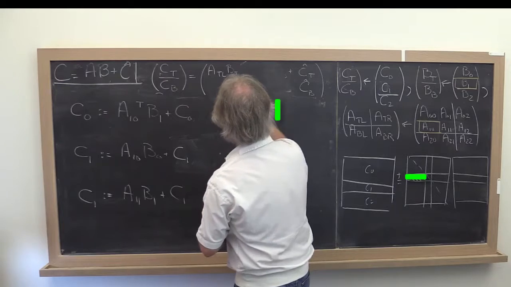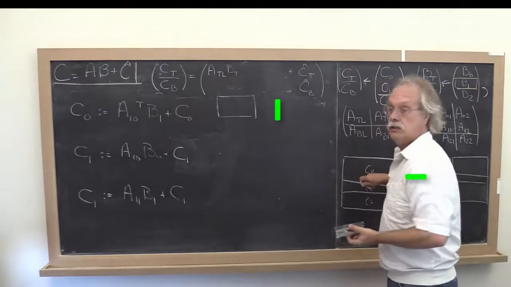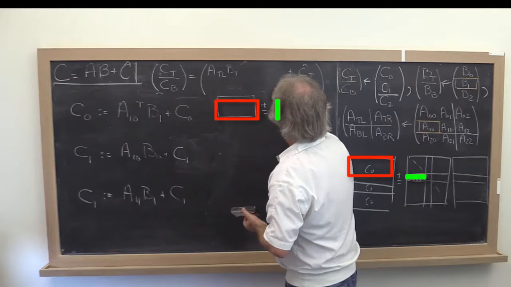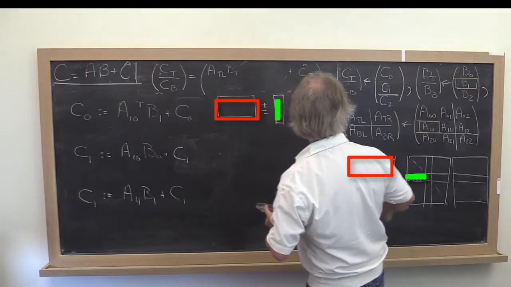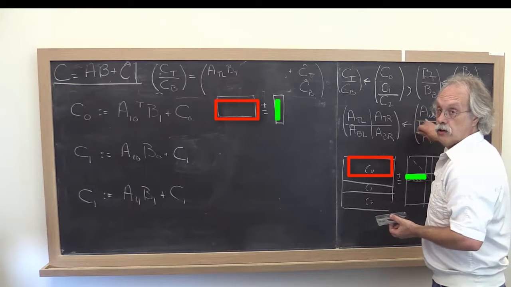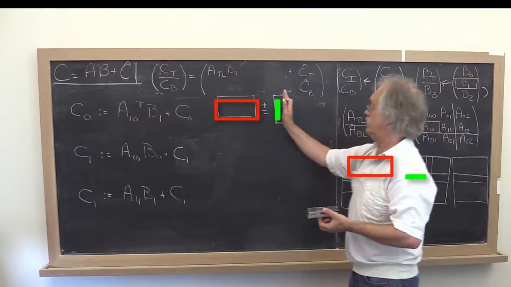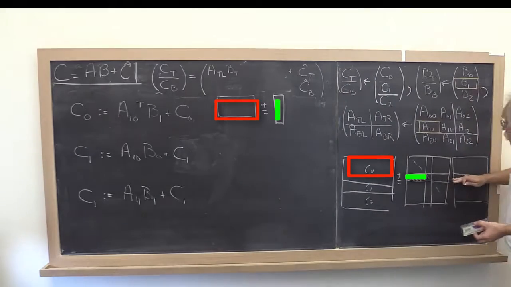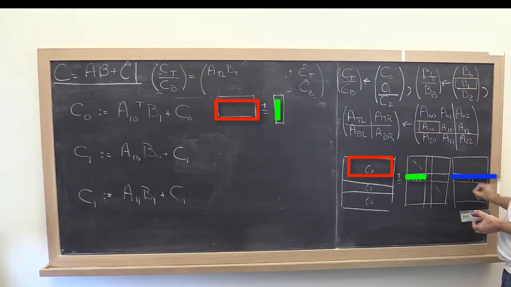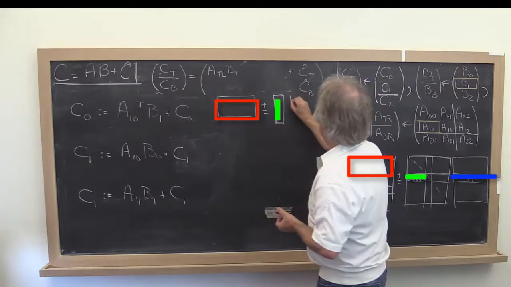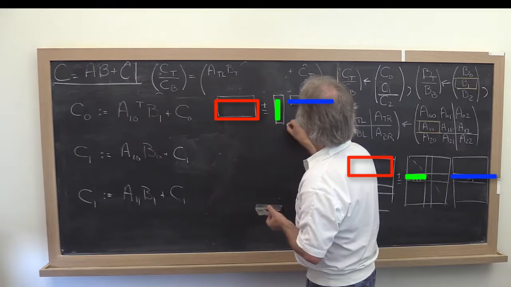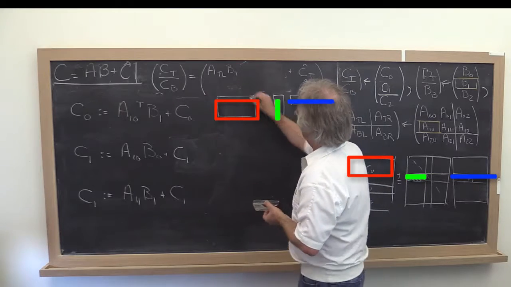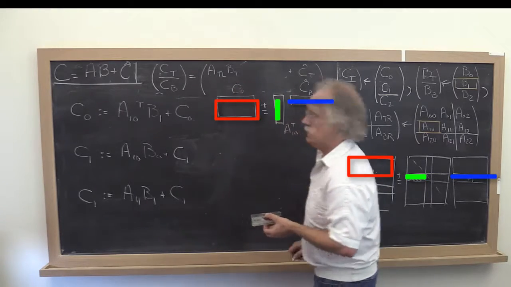So we have a block of C, C0, that we're updating with that panel of A transposed, which is why it's a long narrow panel like that, times a row panel of B, B1 right here. This is A10 transpose, this is B1, this is C0.